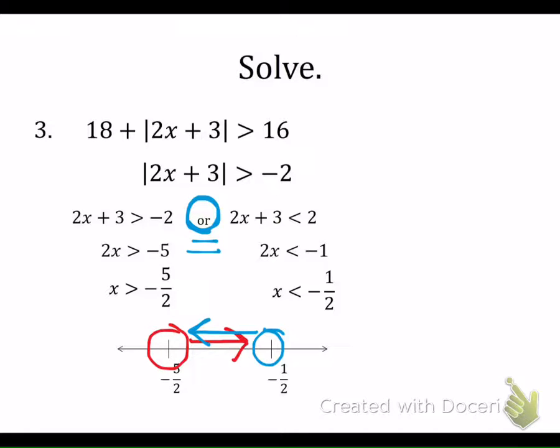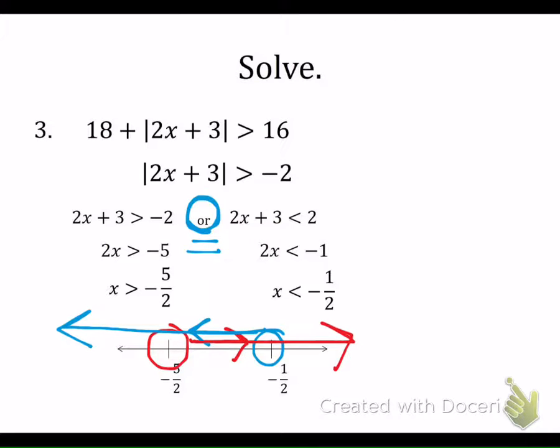At least one. So where is at least one of these things true on my number line? Because the negative 1/2 inequality is still going on, right? And this one's still going that way.